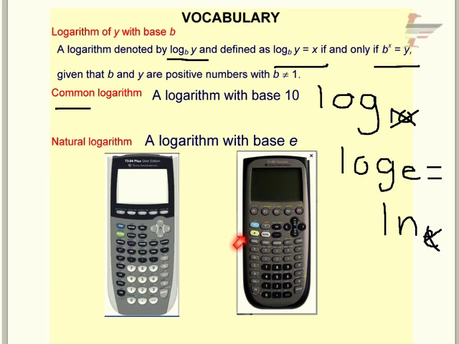So your green key, and then 7. So let me write that down, 89. You're going to do your green button or diamond 7, and that should give you your log button. So pause this, make sure you can find it, play around with it.